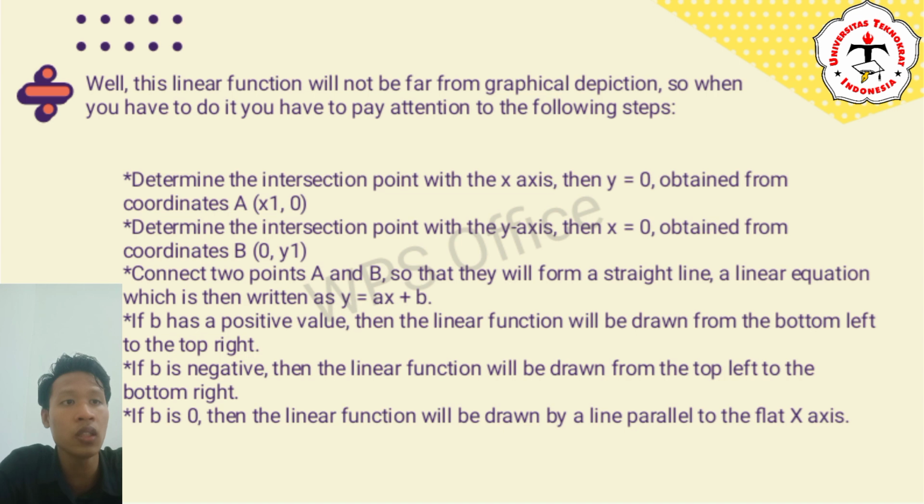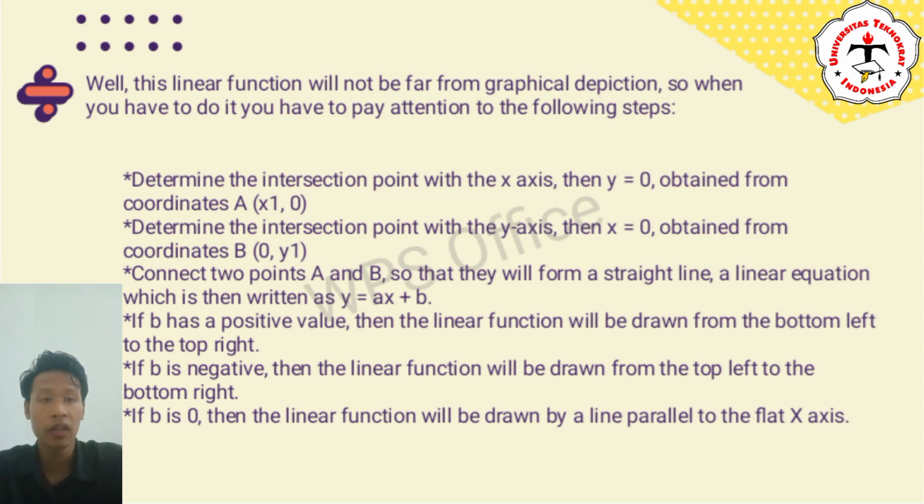Determine the intersection point with the y-axis, then x equals 0, obtained from coordinate B. Connect points A and B so that they will form a straight line. A linear equation is then written as y equals ax plus b.